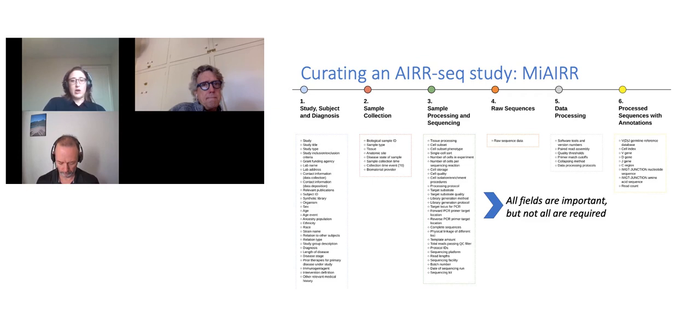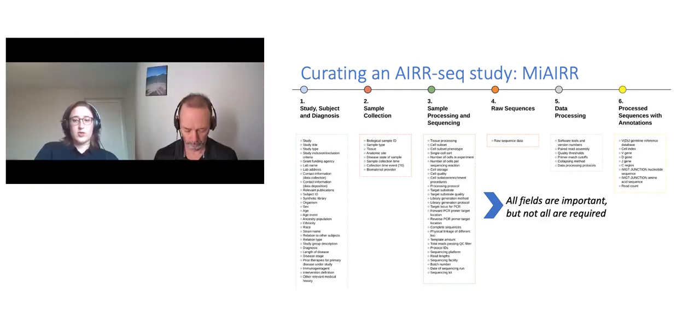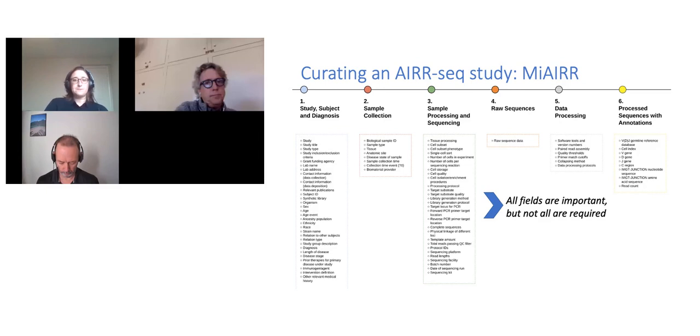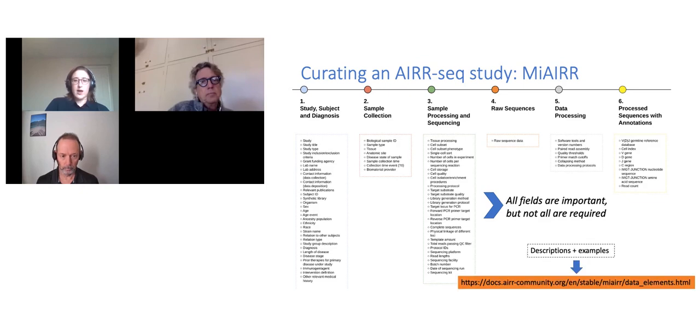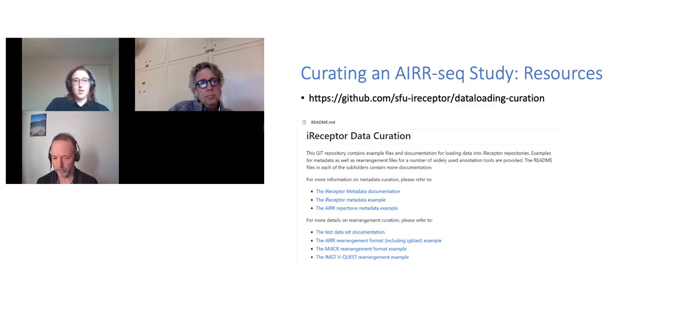However, although all fields are important, they're not all required. So not all of these fields are essential in order for you to load your study. However, we do, of course, encourage you to provide all available metadata that you have. And again, for a description of examples of each of these elements, feel free to follow the link indicated.